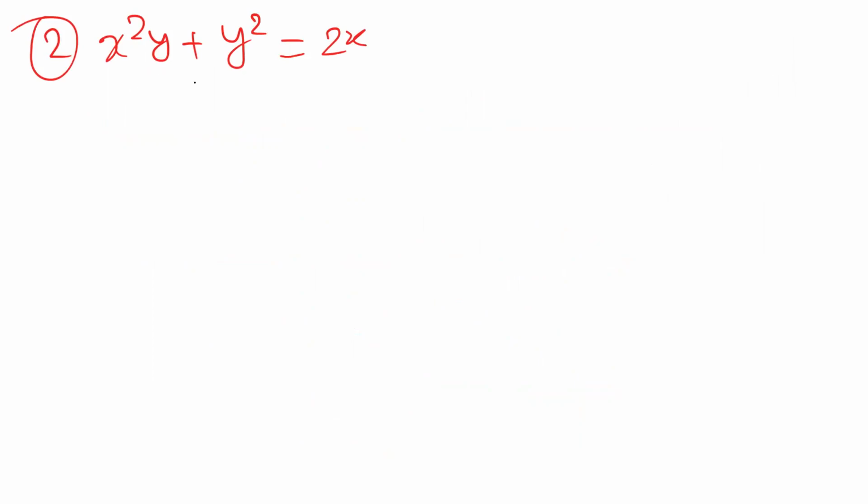x square y plus y square equal to 2x. So here we easily understand that we cannot write it into an explicit function. So we have only the option to apply the implicit differentiation method. For that, we take a derivative on both sides.